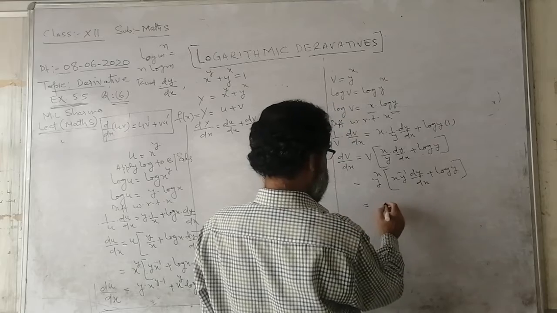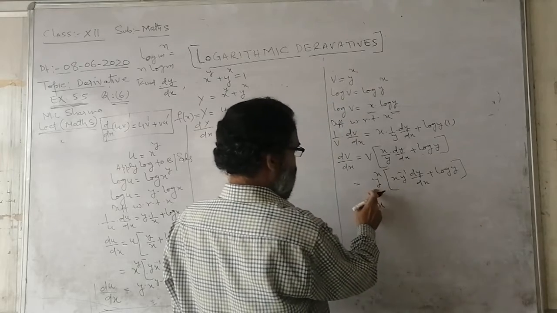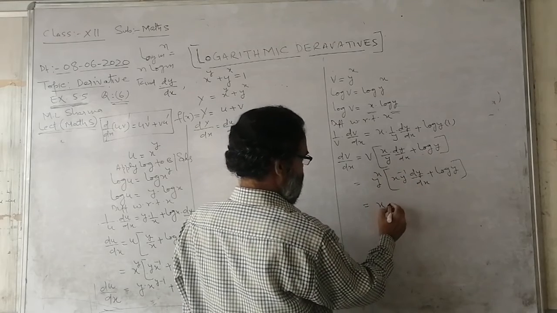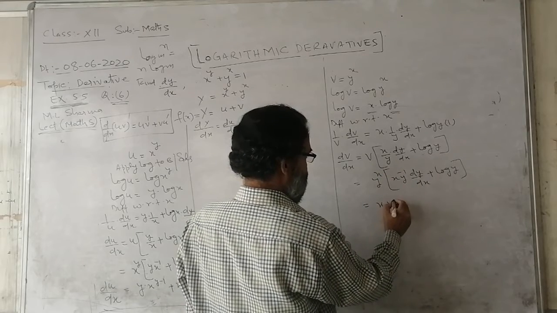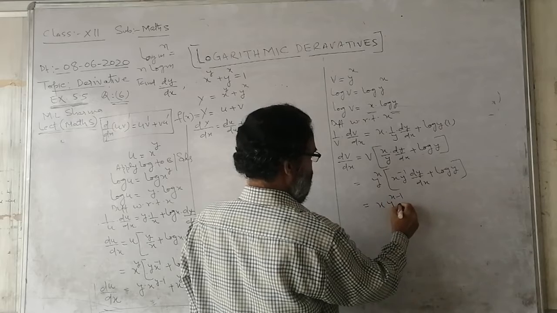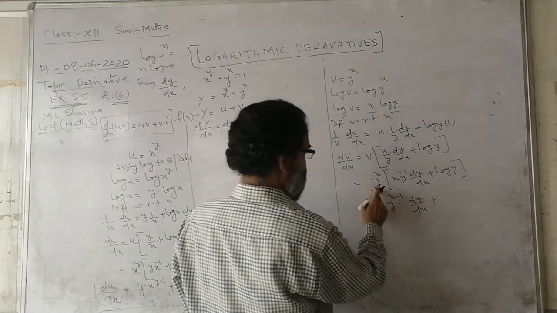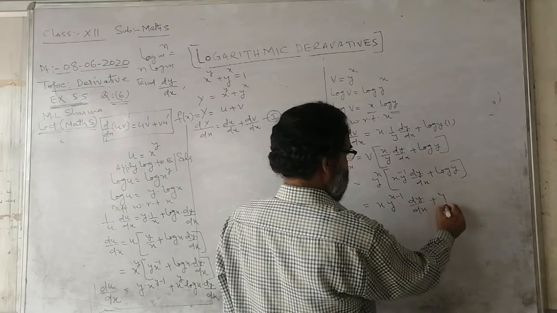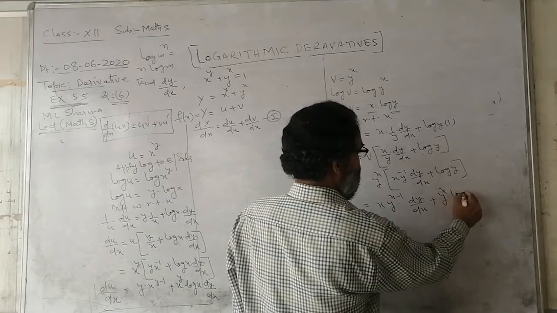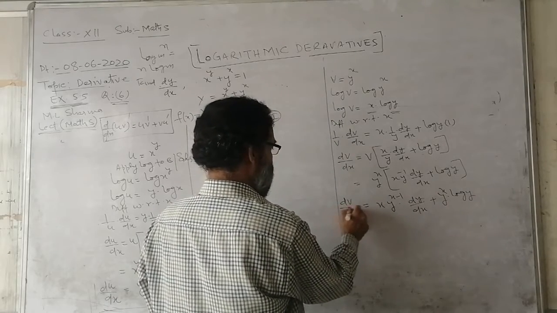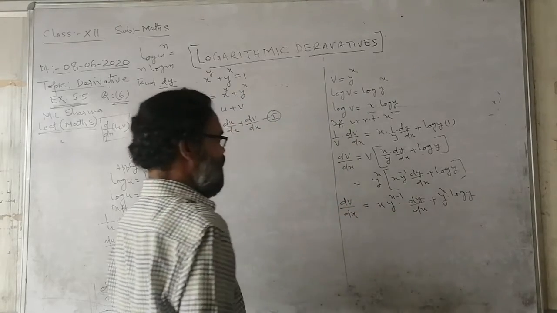So this can be written as x times y, and y bases are same and exponents are to be added. So y raised to power x minus 1 into dy upon dx plus this term multiplied by this will give log y. So this is the value of dv upon dx.